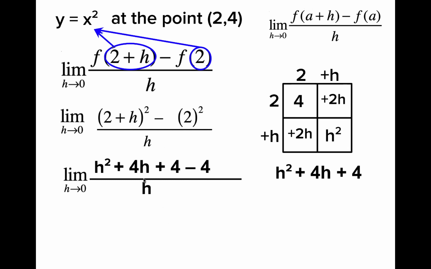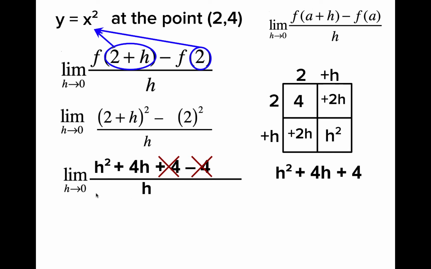Now, if you notice, on the top I have a plus 4 and a minus 4, which cancels. And then I can divide both of the terms by h. You'll know you did this part properly if whatever is left after you cross off what cancels is divisible by h.